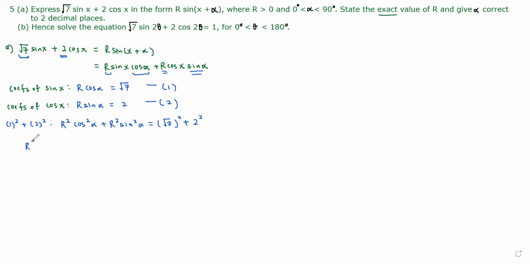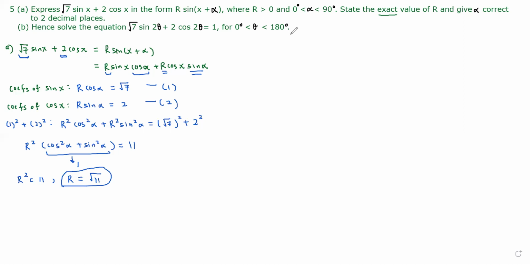We can factor R squared so that we have R squared times cos squared alpha plus sine squared alpha equals 11. From the fundamental identities of trigonometry, that is 1. R squared is 11. Then we say that R is square root of 11, since R has to be positive anyway.